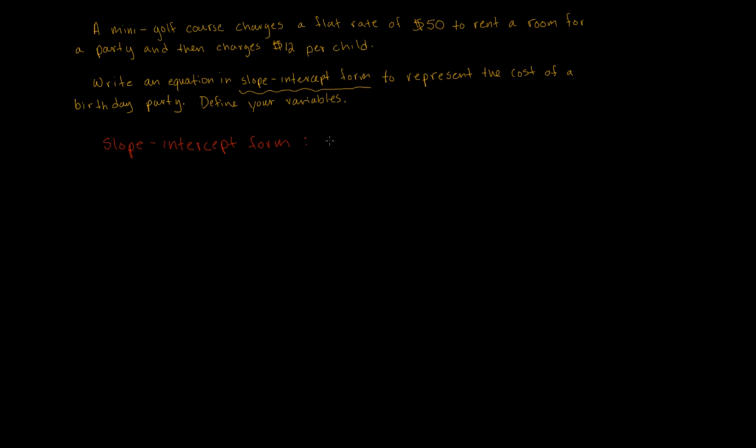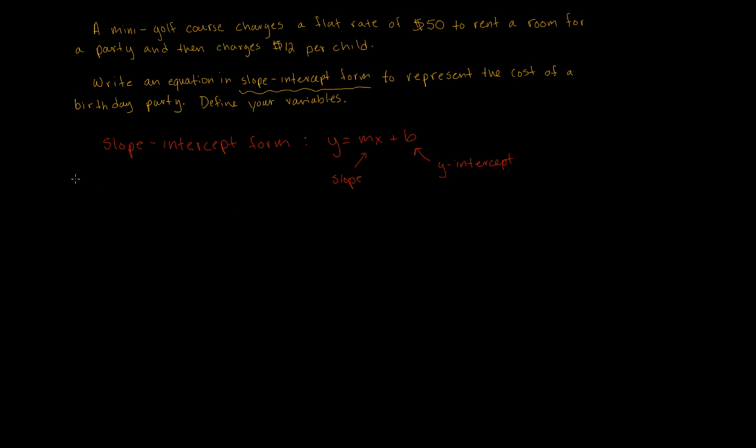Slope-intercept form is y equals mx plus b. And remember that m is our slope, the steepness of our line, and then b is our y-intercept. Okay, so this is slope-intercept form. And we're going to need to graph this using this form to show, if we plug in a certain value for x, what's our output going to be?